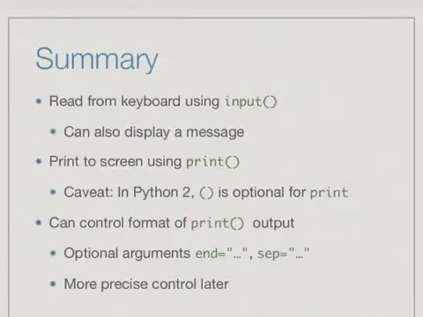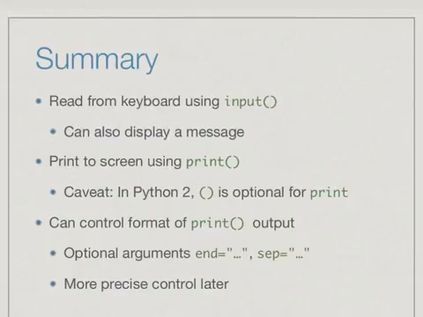So to summarize, you can use the input statement with an optional message in order to read from the keyboard. You can print to the screen using a print statement. Now, we mentioned at the beginning that there are some differences between Python 2 and 3. Here is one of the more obvious differences that you will see if you look at Python 2 code, which is available from various sources.